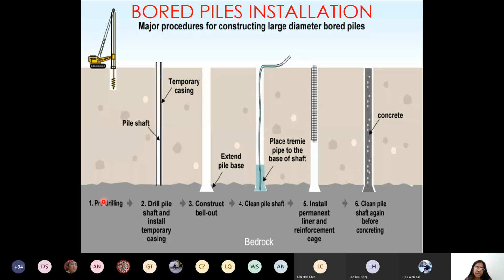The process is pre-drilling, understanding how to effectively insert the casing first, and then drill the pile shaft and install temporary casing, construct the bell out pile cap, clean the pile shaft, install permanent liner and reinforcement cage inside, and clean the pile shaft again before concreting, okay? This is the standard procedure of installing a bored pile.